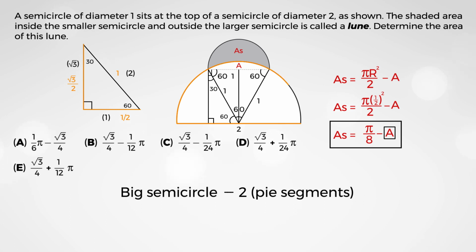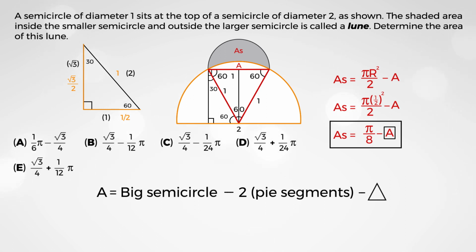So here's the big semicircle. We need to subtract this pie segment right here and this one. And then we also need to subtract the equilateral triangle, this one right there. And if we do that, that will result in our region A. That's the only thing that will be left over.